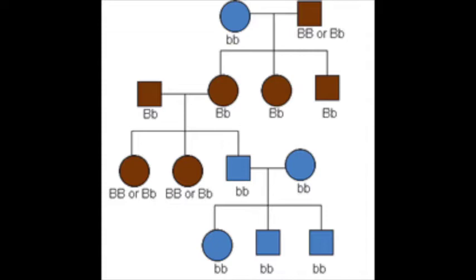People have two versions of each gene, so you can be capital B capital B, or capital B small b, or small b capital B. Capital BB and also capital B small b have brown eyes. Small bb, they have blue eyes.